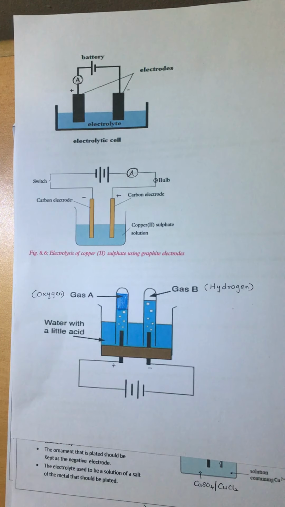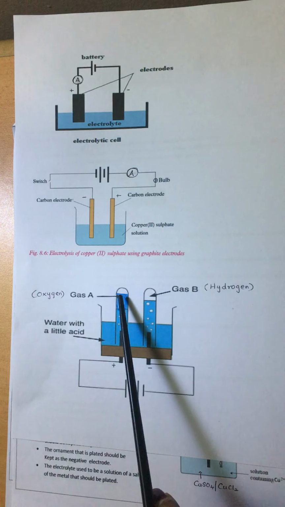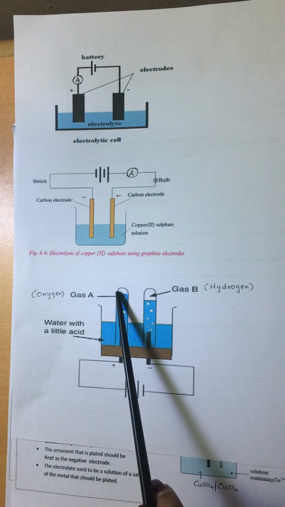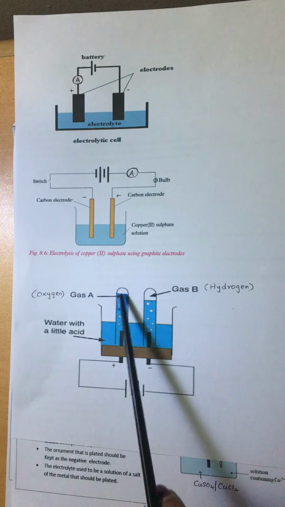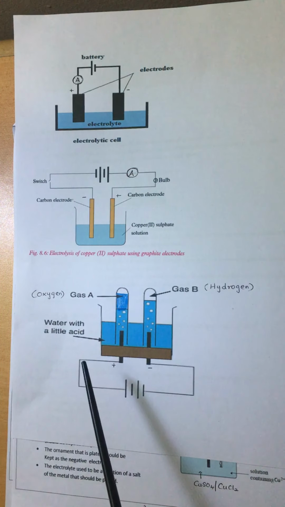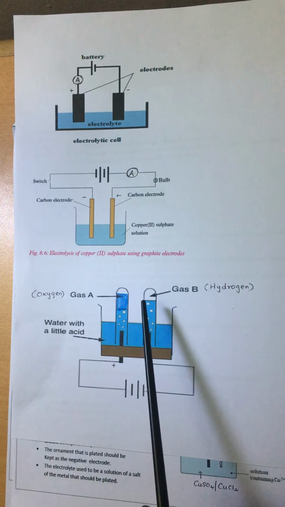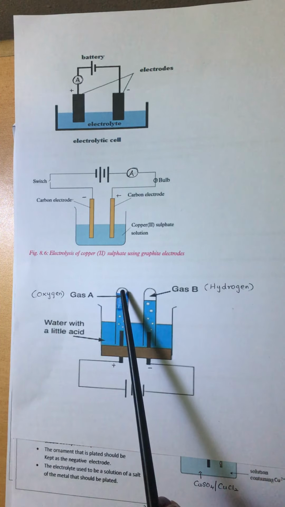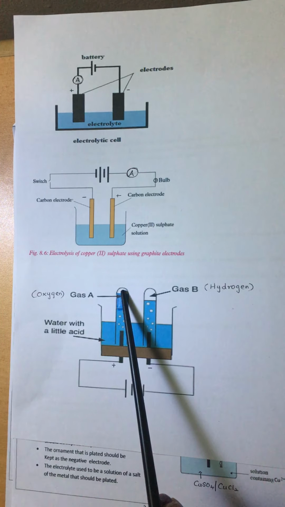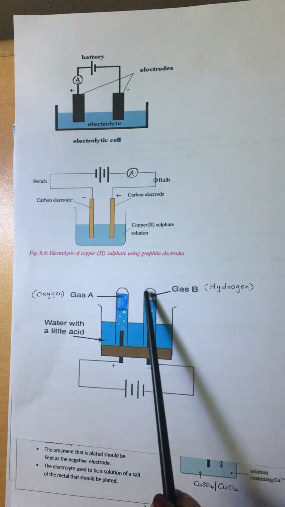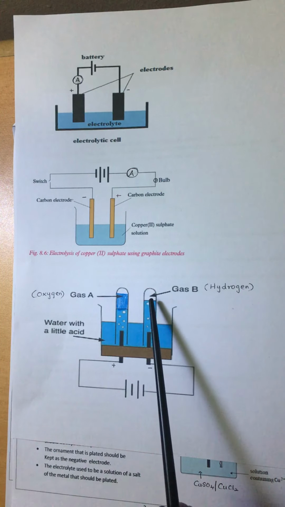H2O gets split and it is collected here. So that's why the volume of the oxygen is less than the volume of the hydrogen gas. So you can identify this gas because when you insert glowing splinter, it relights: oxygen.